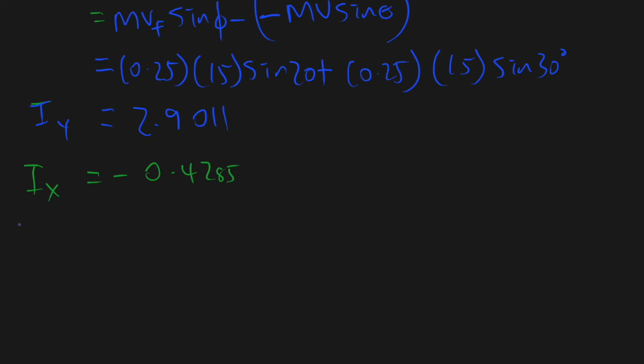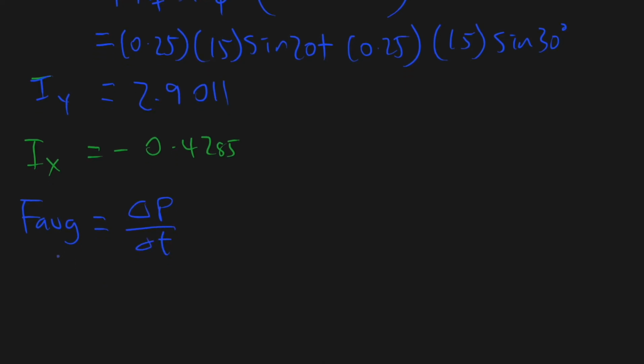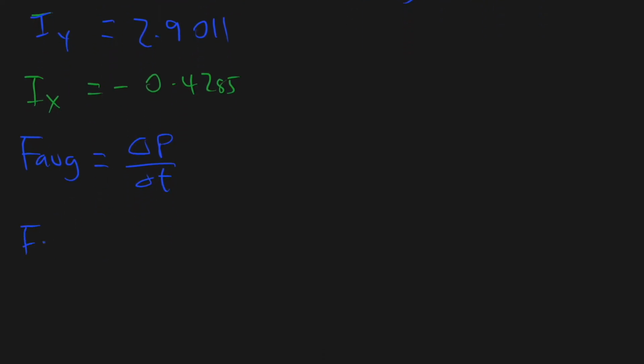We know the average force is equal to the change in momentum over the change in time. So for the x direction, the average force is px over delta t.